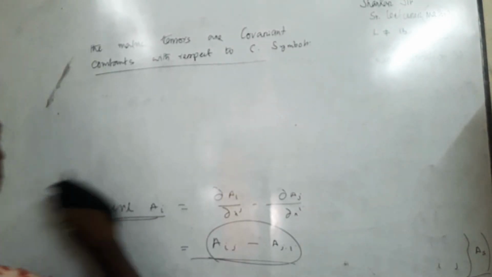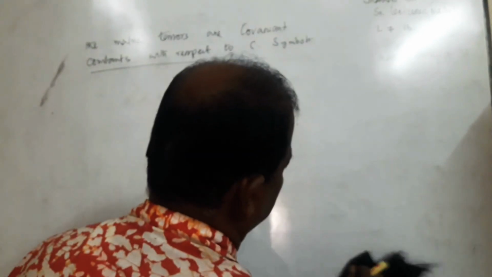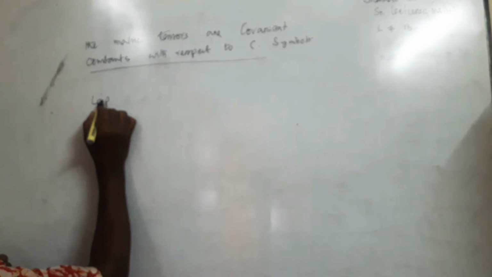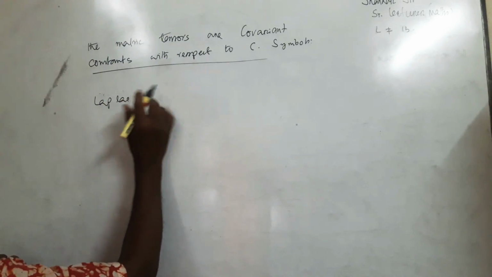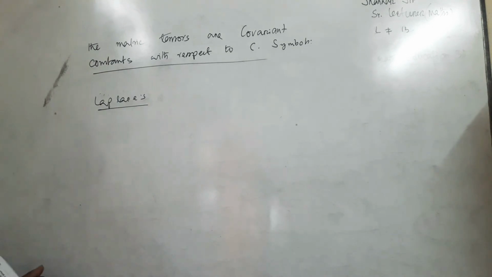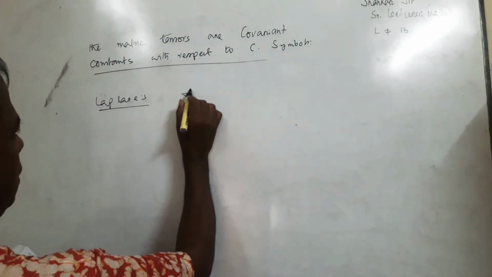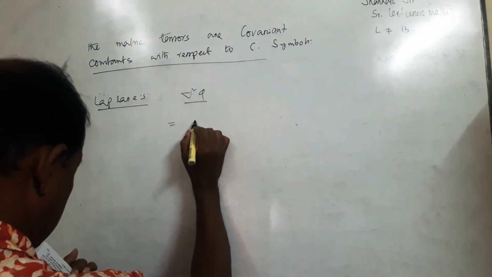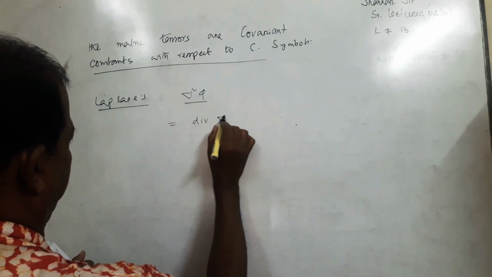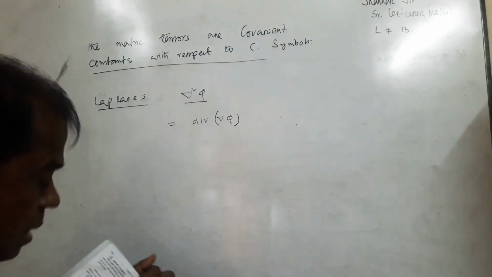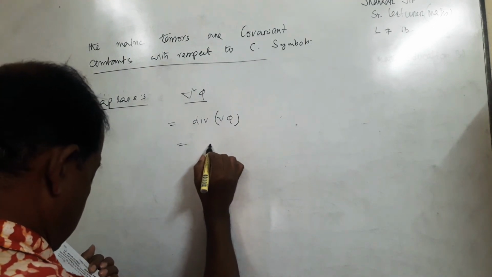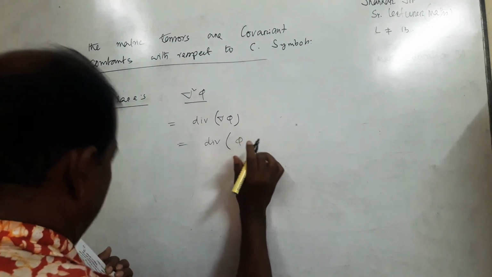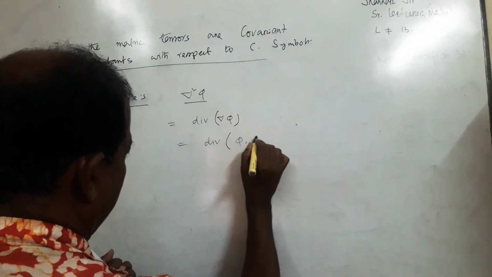I think it is clear, and memorize it also. Laplacian means del square phi, which is also the divergence of del phi; in tensor analysis it is div of phi comma i.